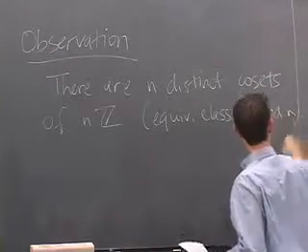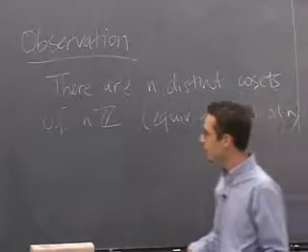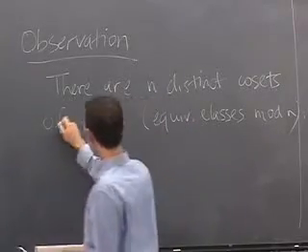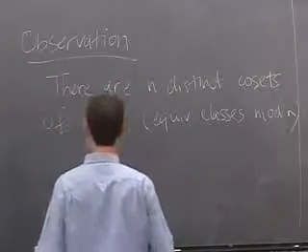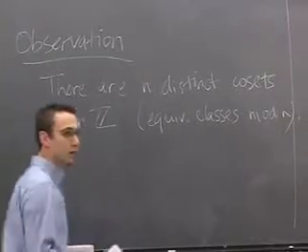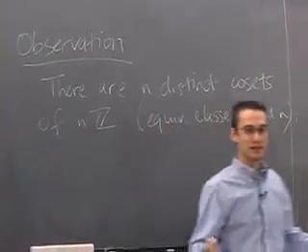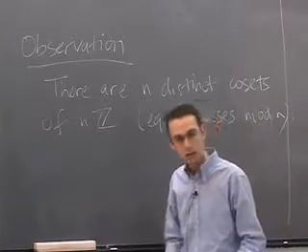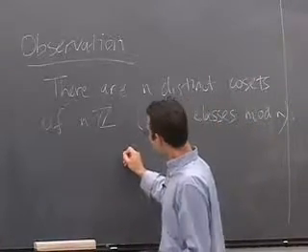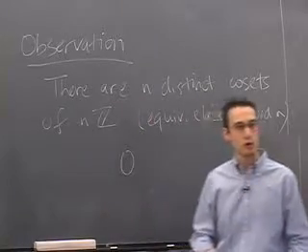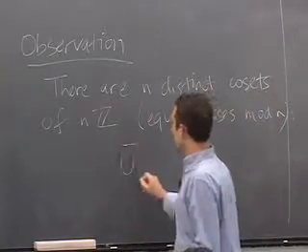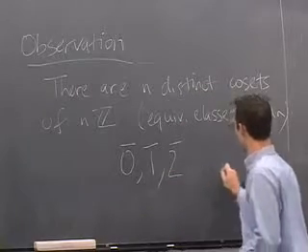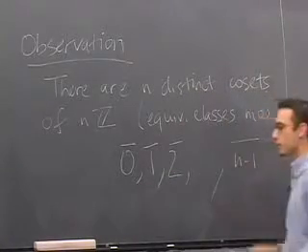These are all redundant ways of saying the same thing, but you'll hear them all, so it's good to practice hearing each. So what are they? Can somebody list them? Go ahead. nZ, 1 plus nZ. Right. Or in a shorter notation, 0, 1, 2, up to n minus 1.